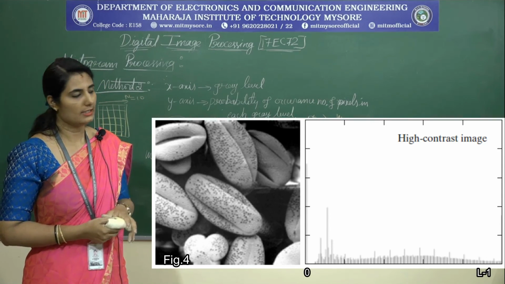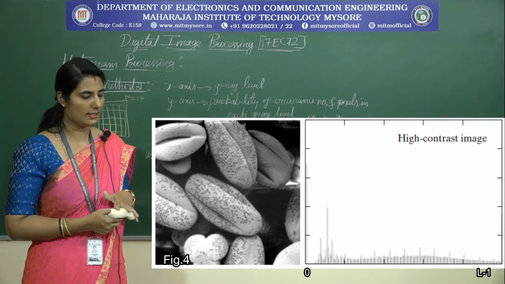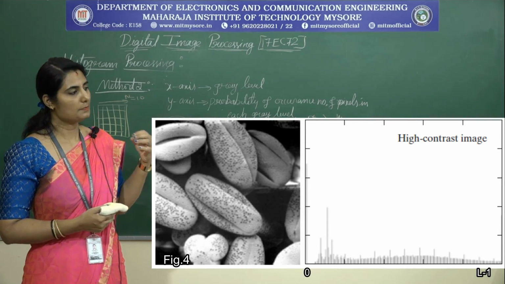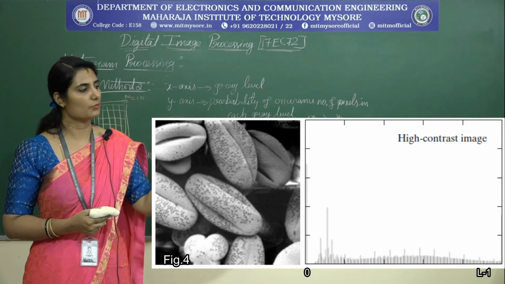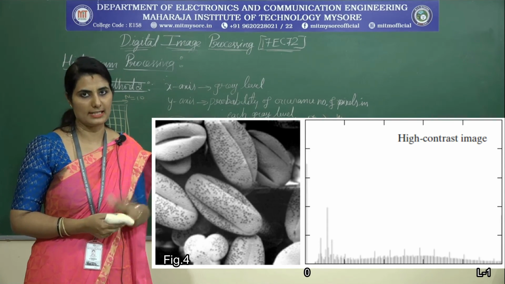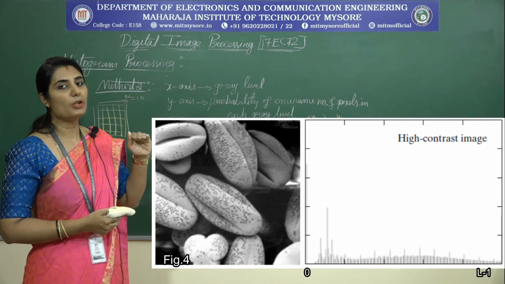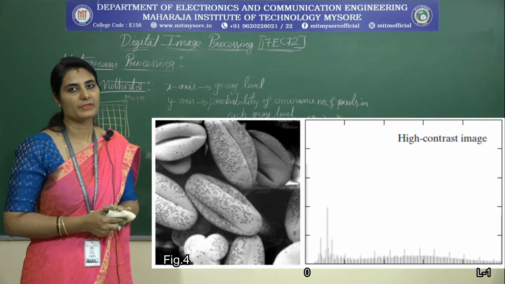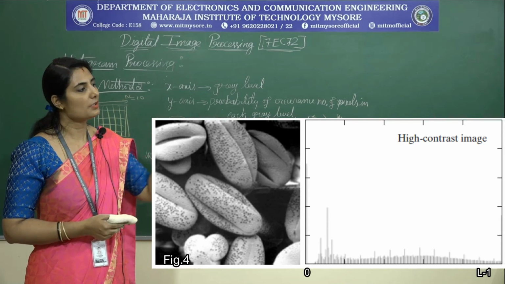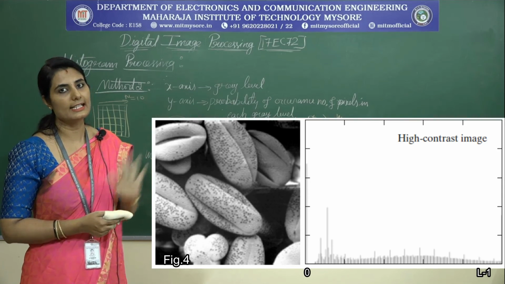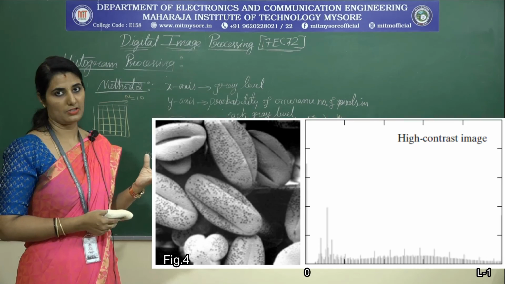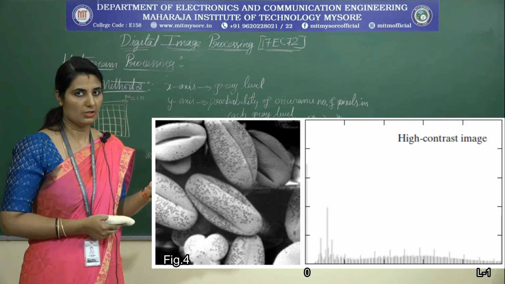Now look at the histogram plot of this image. It shows that the plot is distributed over the entire range of intensity levels from 0 to L-1, and the plot is uniform. So for a high contrast image, that is a good quality image, the plot is uniform and distributed throughout the entire intensity range from 0 to L-1.